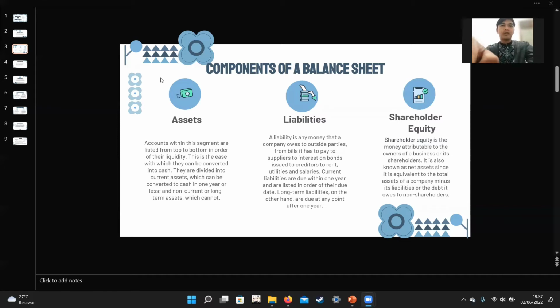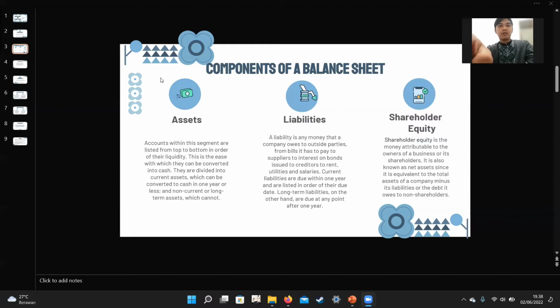Liabilities. A liability is any money that a company owes to outside parties. From bills it has to pay to suppliers, to interest on bonds issued to creditors, to rent, utilities and salaries.